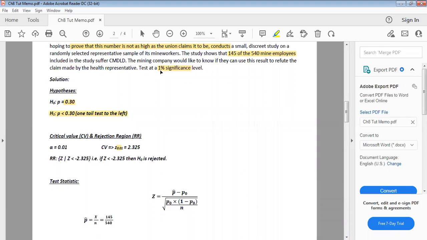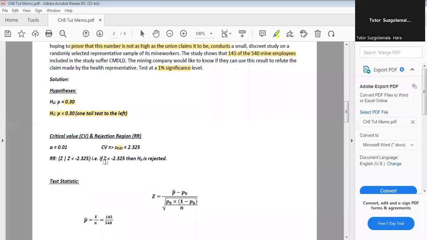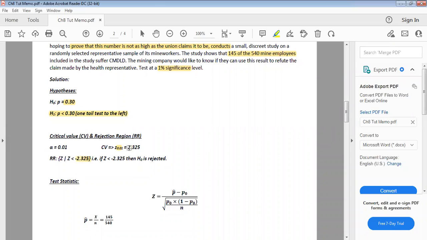And we are given alpha of 1%. 1% is the same as 99%. So 1% is 1 divided by 100, and you find the answer is 0.01. So you check this on the standard normal tables, and you find that that's the figure here.